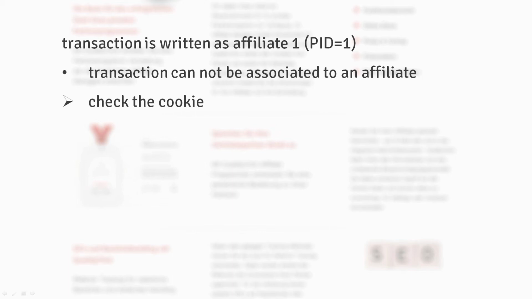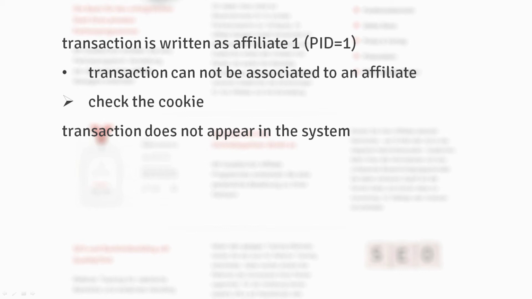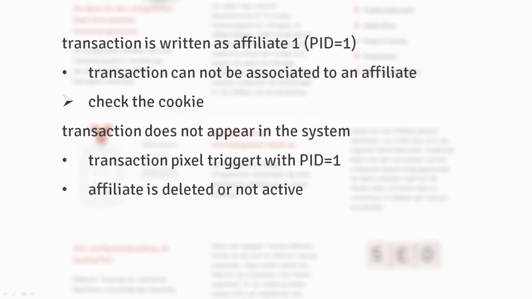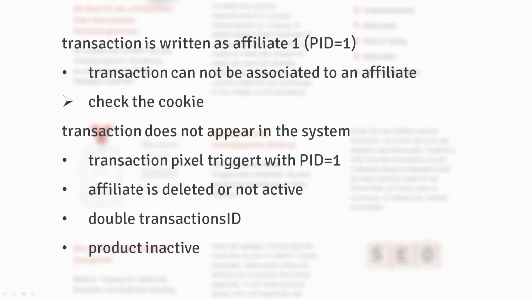And take your own account and take the ad code from your affiliate account, please. Second thing that may be, the transaction does not appear in the system. This may happen because the transaction pixel triggered with affiliate ID 1, or maybe the affiliate is deleted or not active for this campaign. There may be double transaction IDs which get filtered by the system, or the product is inactive.